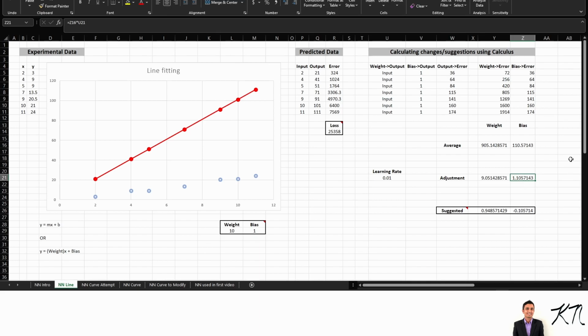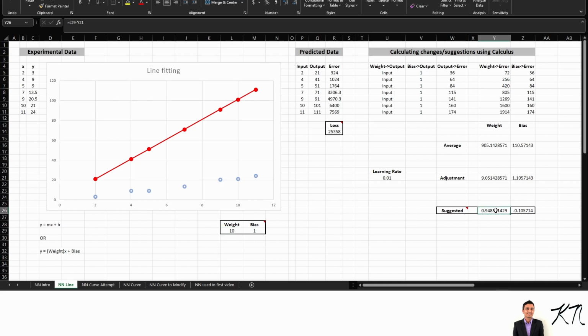Now, what's the goal here? We're trying to reduce loss, right? So what it's saying is, if you were to adjust this bias up by 9, you're going to increase the loss. But that's not what we're trying to do. We're trying to reduce the loss. So we have to subtract this adjustment from the weight.